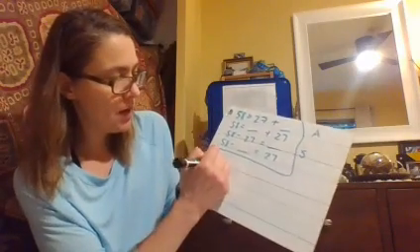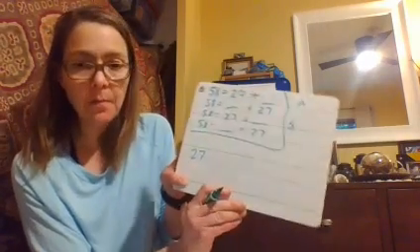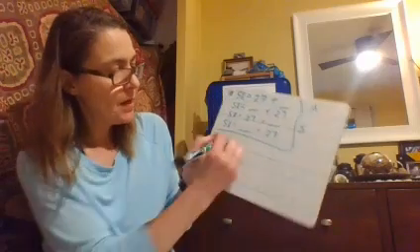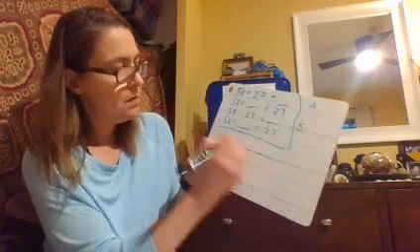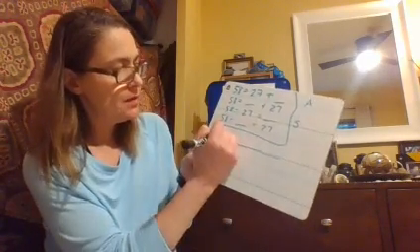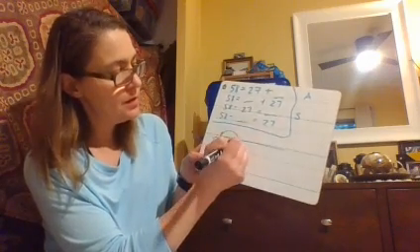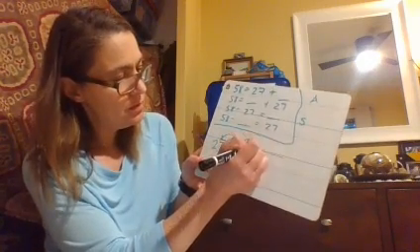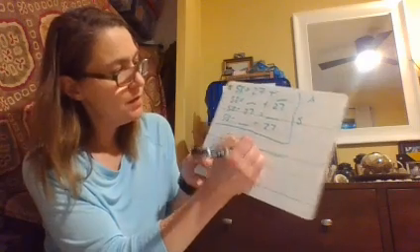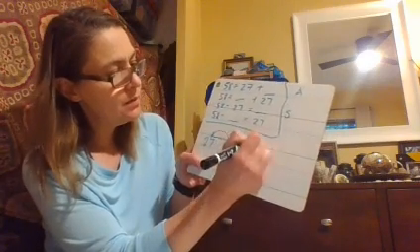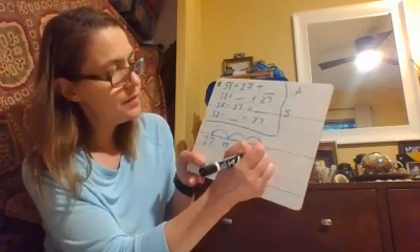So if you want to count up, you would count up from 27. Okay. And you want to go to 58. So we would go 10, 37, 20, 47. Can I go one more? Yes, I can. One more, 57.